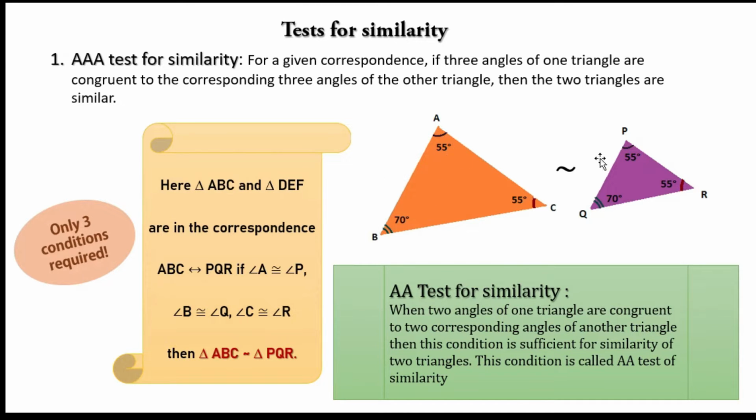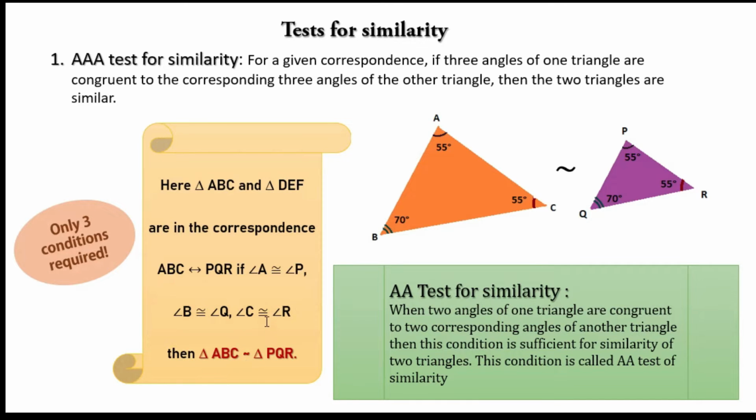In the next pair, angle B and angle Q have equal measure, which is 70 degree, so they are congruent. And angle C and angle R, again 55 and 55, are also congruent. So if these three angles are congruent with these three angles in correspondence, then we can say triangle ABC and triangle PQR are similar triangles.